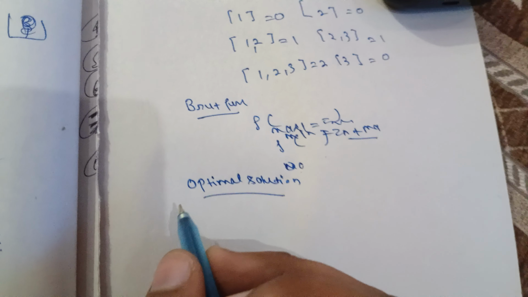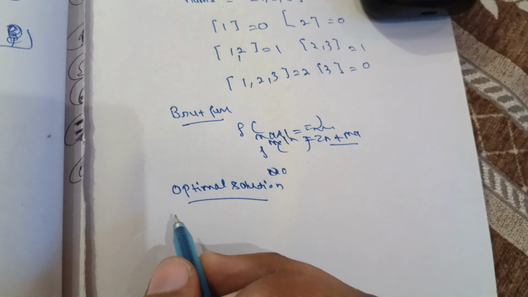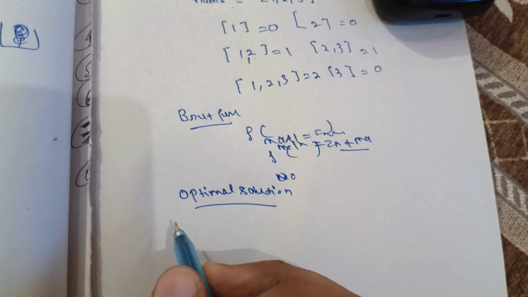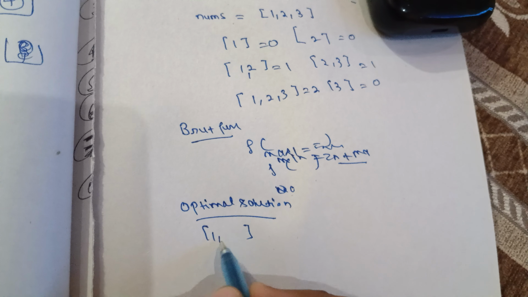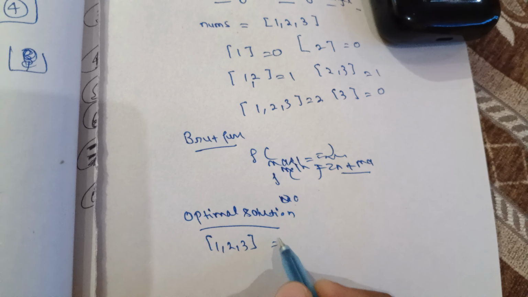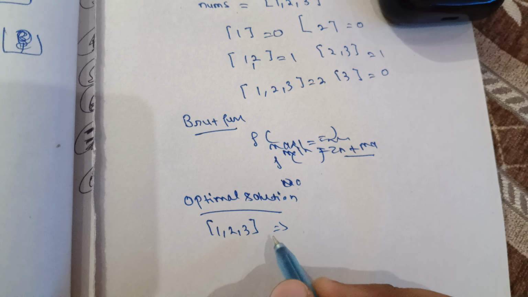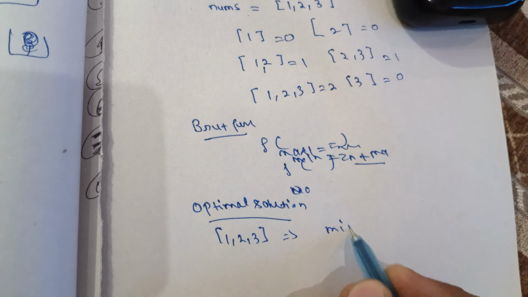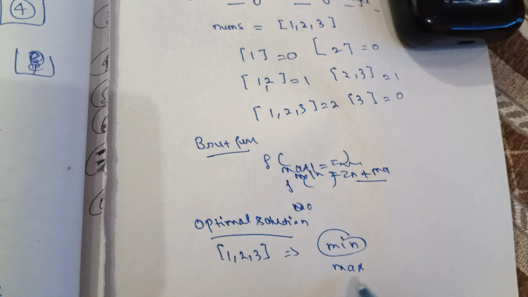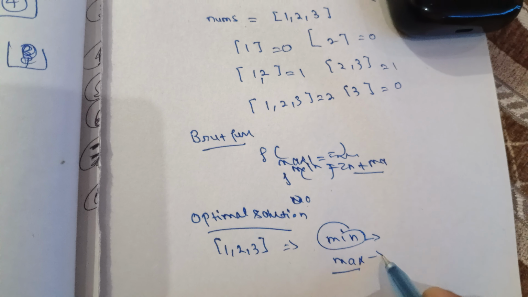So for the optimal solution we have to think beyond it. First we have to find out how many subarrays we can form from these 1 2 3. We first have to find the min of the subarrays and the max of the subarrays, the sum of min and the sum of max.